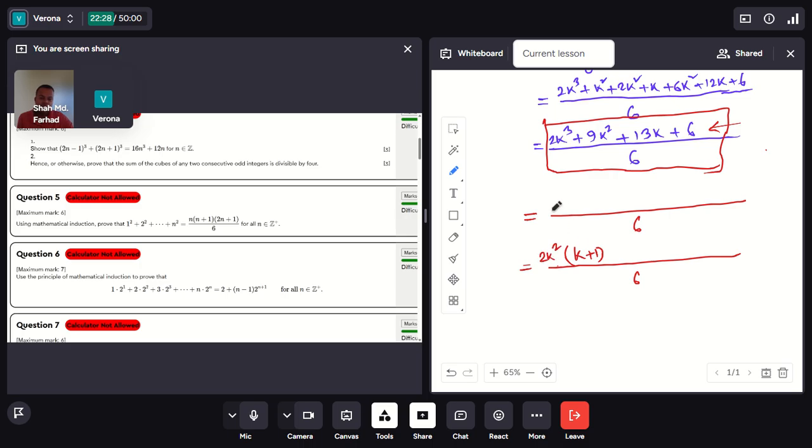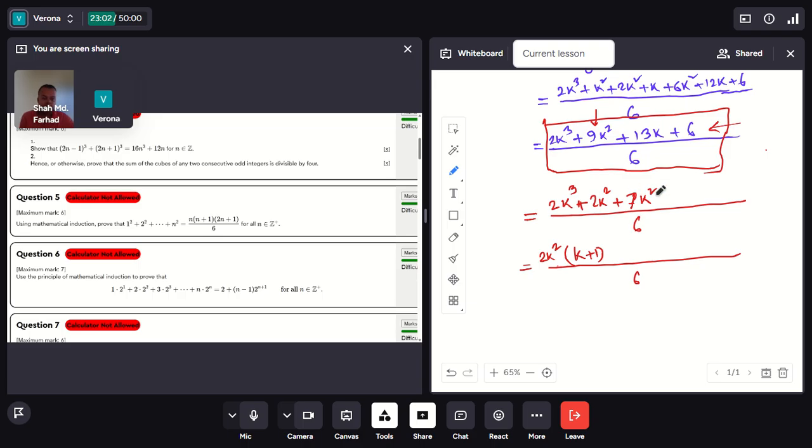Then if we multiply this, we are getting 2k cube and then plus 2k square, right? Now, if we look at this term, we already had 9k square, but we just got 2k square. That means we have to write again 7k square.